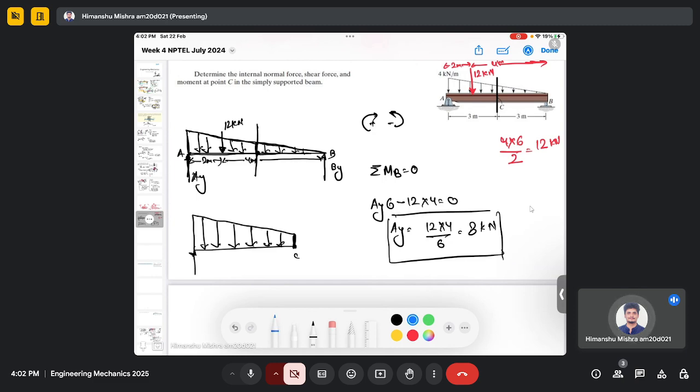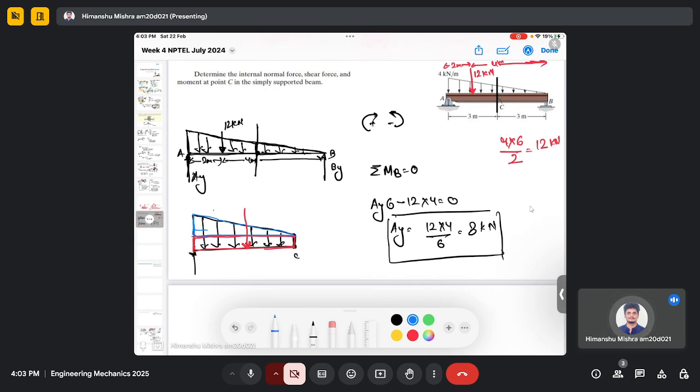So what we can do is split this loading into two parts. You can see the upper part will be a triangle, and the lower part of this loading will act like a rectangle. So here we consider two kinds of loading. There will be a point equivalent load associated with the rectangle at the center of this beam.